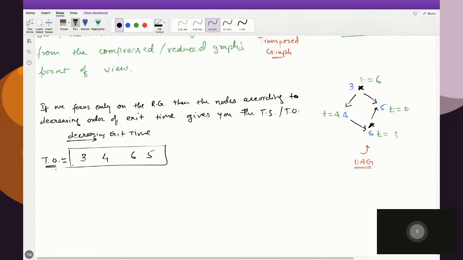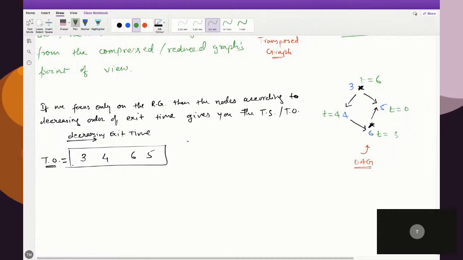makes sense. Now in this topological ordering, how are the edges directed in the original graph? In the original graph, the edges are always directed in this fashion, right? Always from left to right, right?